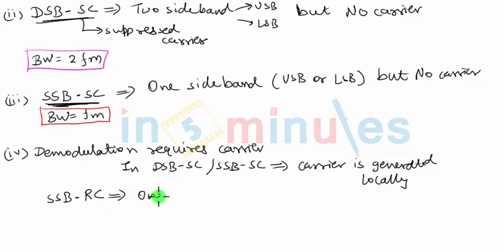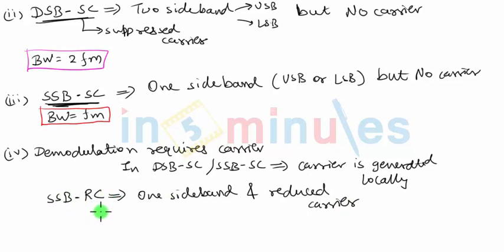Here we transmit one sideband, which can be either the upper sideband or the lower sideband, and RC stands for reduced carrier. So in this case, we call it SSB-RC, single sideband reduced carrier. So what is reduced carrier?